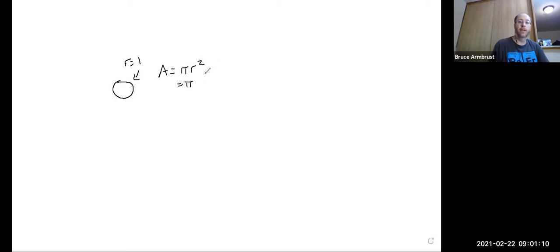Okay, so now we need to multiply this by the length of the path for the center of mass. The centroid of the circle is easy because it's right smack dab in the middle. And what we need to know is how far away it is from the axis of rotation, because that's going to create our circle here.